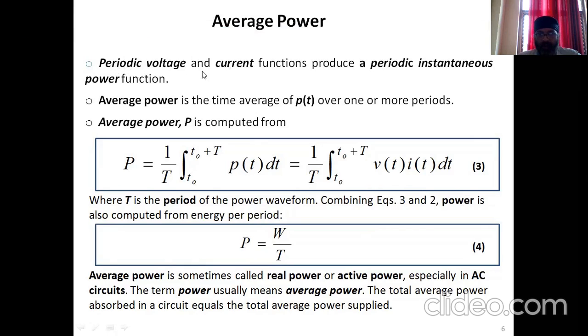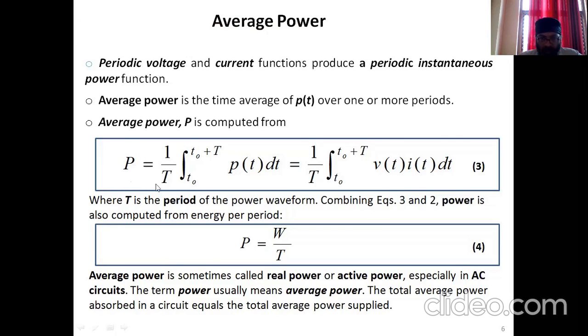So periodic voltage and current functions produce a periodic instantaneous power. Average power is the time average of this instantaneous power over, for example, one time period of a sinusoidal waveform or any periodic signal.